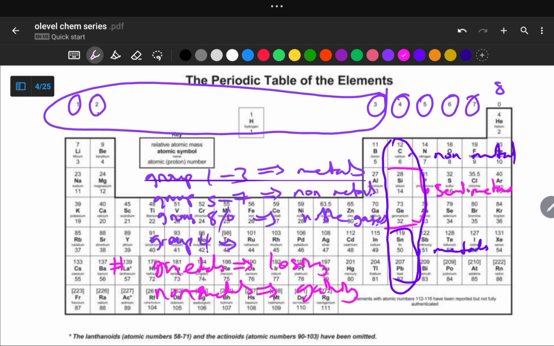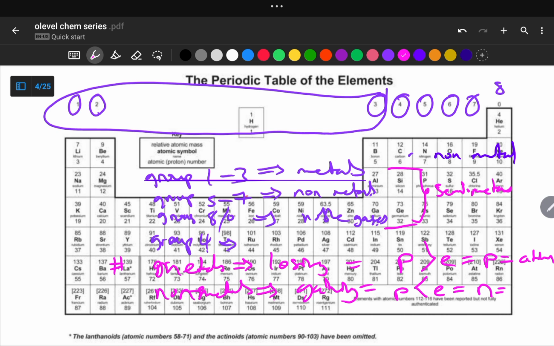By losing electrons, we are going to have the number of protons greater than the number of electrons, which will give us a positive charge, what you call a cation. And by gaining electrons, we are going to have the number of protons being less than the number of electrons, meaning we are going to have a negative charge in ions called the anion. Are we together? So non-metals react by gaining electrons to form the anions. Metals react by losing electrons to form the cations.